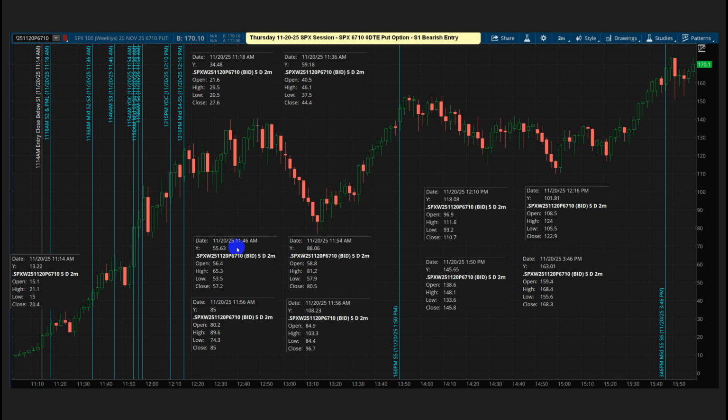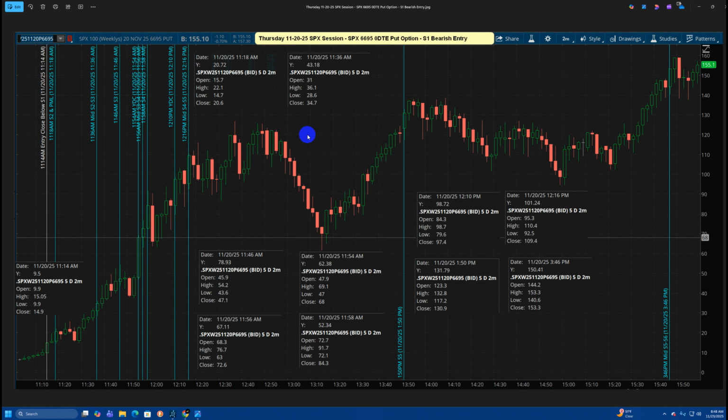Next the 11:46 a.m. candle, 11:54, 11:56, 11:58, 12:10, 12:16. Here's the 1:50 p.m. candle, which we're running out of time. This is where you would have closed out all or tighten up the stop loss, as we talked about. And then here's the 3:46 p.m. candle at the end of the day, if you had any left over at the end of the day.